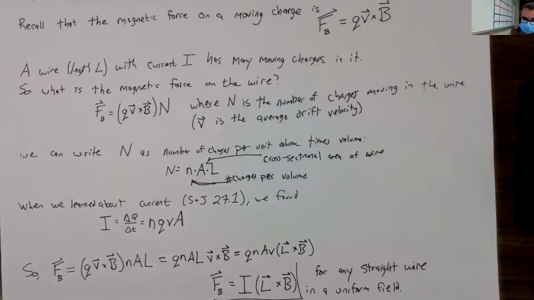It's pretty similar to when we first talked about electric fields. I made a big deal of the fact that electric fields exert a force on charges, but also charges are what make the electric field in the first place. It's the same thing with magnetic fields. A magnetic field is going to exert a force on a moving charge, and that's the only thing a magnetic field exerts a force on. What we'll see in the next few lectures is that it's also a moving charge that produces a magnetic field.